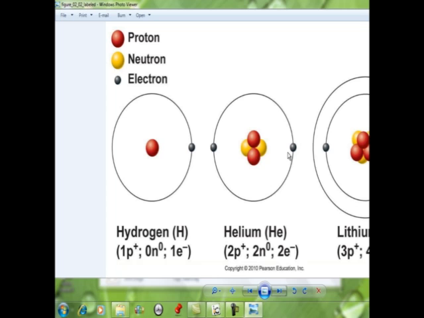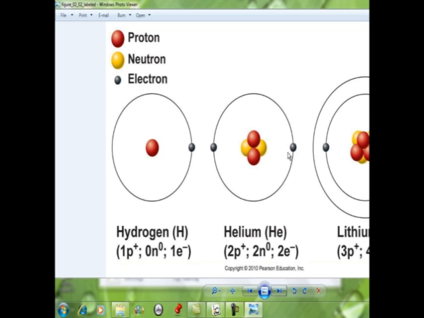Yeah, you have the same number of protons as you do electrons. And if I tell you that helium has 2 protons, guess how many electrons it has? 2. If I tell you carbon has 6 protons, how many electrons does it have? 6. So that's another thing this tells us as well.